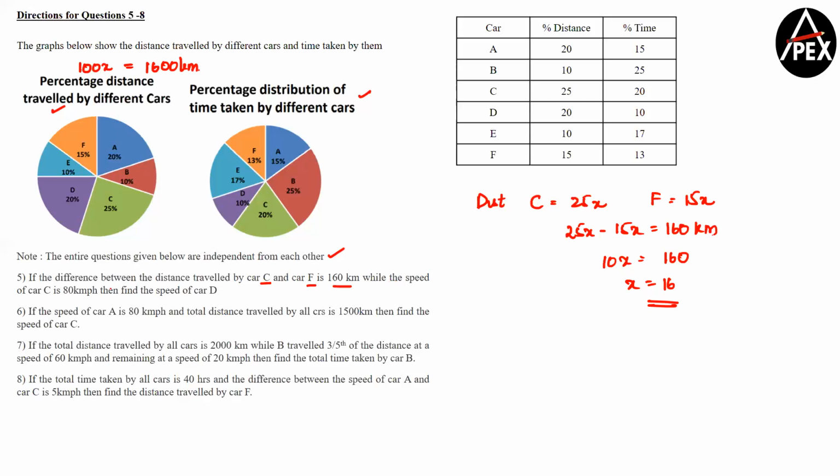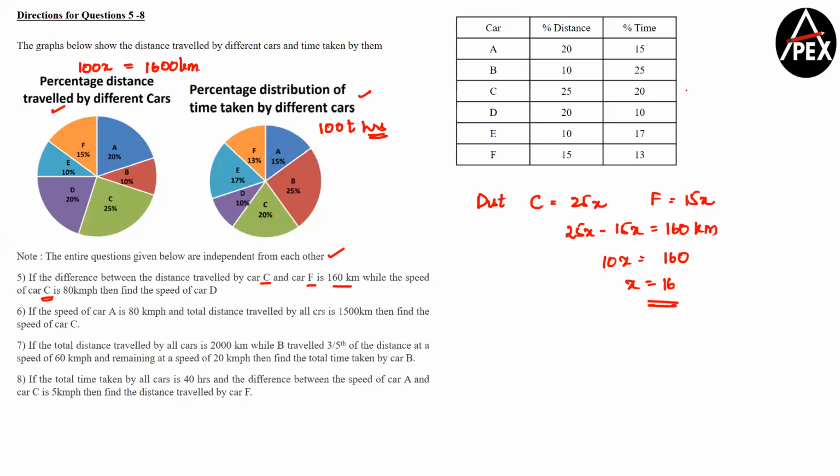Now, if the speed of car C is 80 kmph, then find the speed of car D. Let us take that the total time taken is 100t hours.